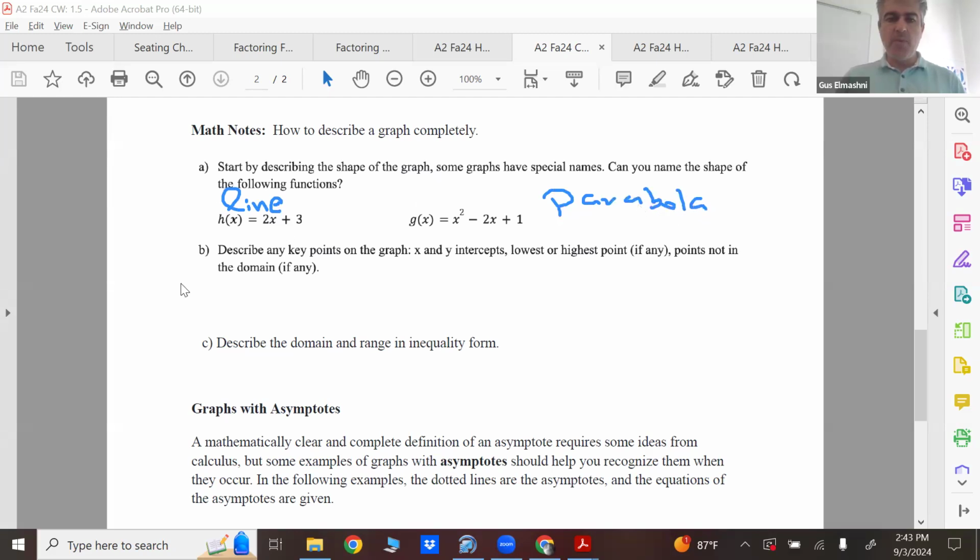Describe any key points. Well, for h of x, I know my slope is 2. Y-intercept is 3. That's kind of good enough. The domain is all real numbers.